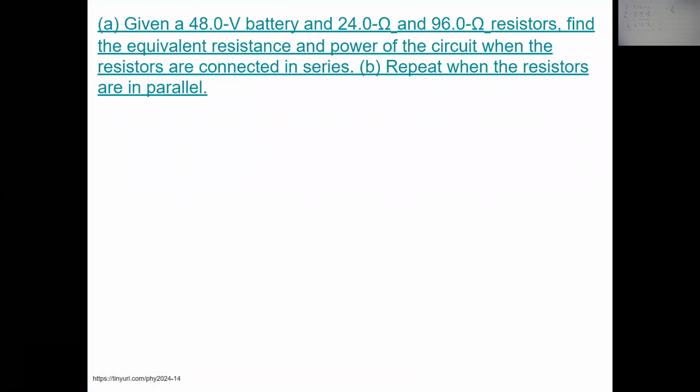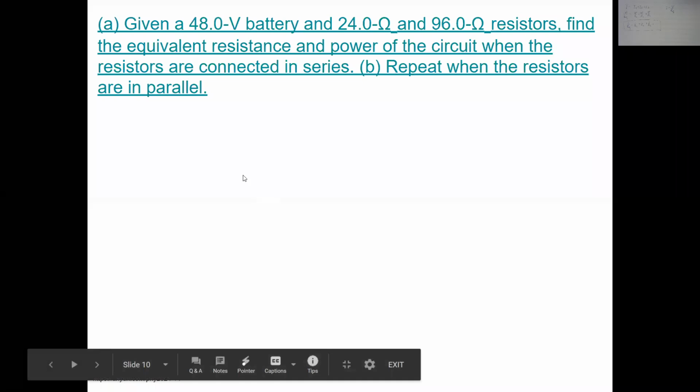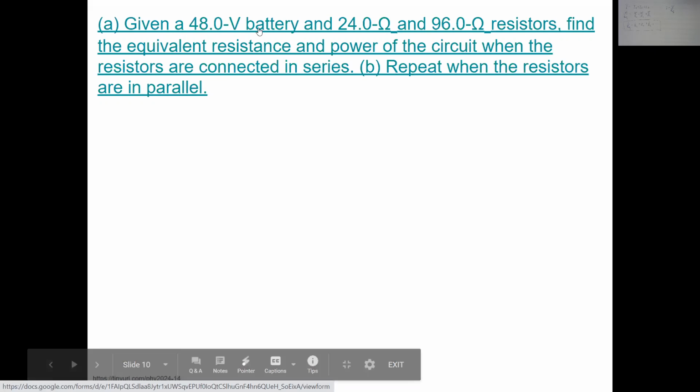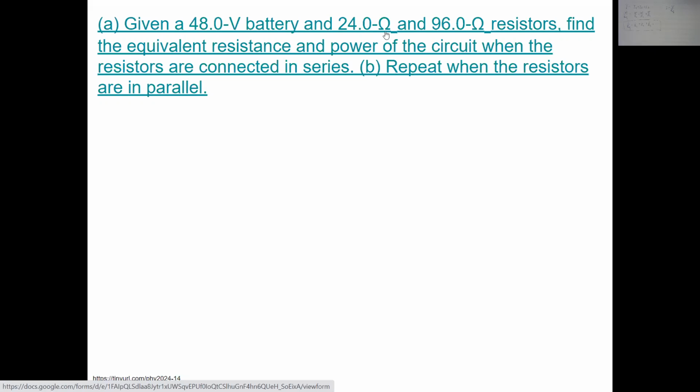Now let's look at an example involving resistors. Part A says: given a 48.0 volt battery and a 24.0 ohm and another 96.0 ohm resistor, find the equivalent resistance and power of the circuit when the resistors are in series.